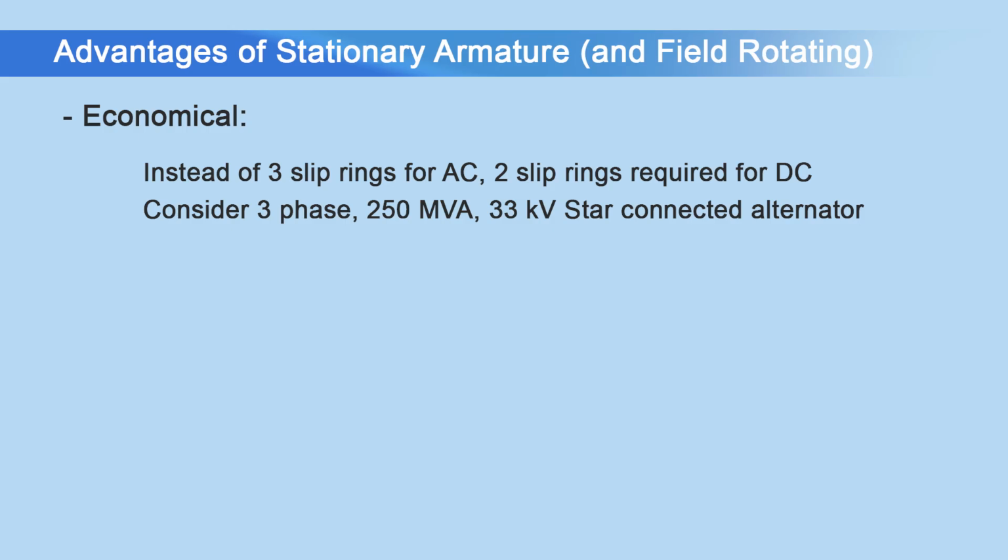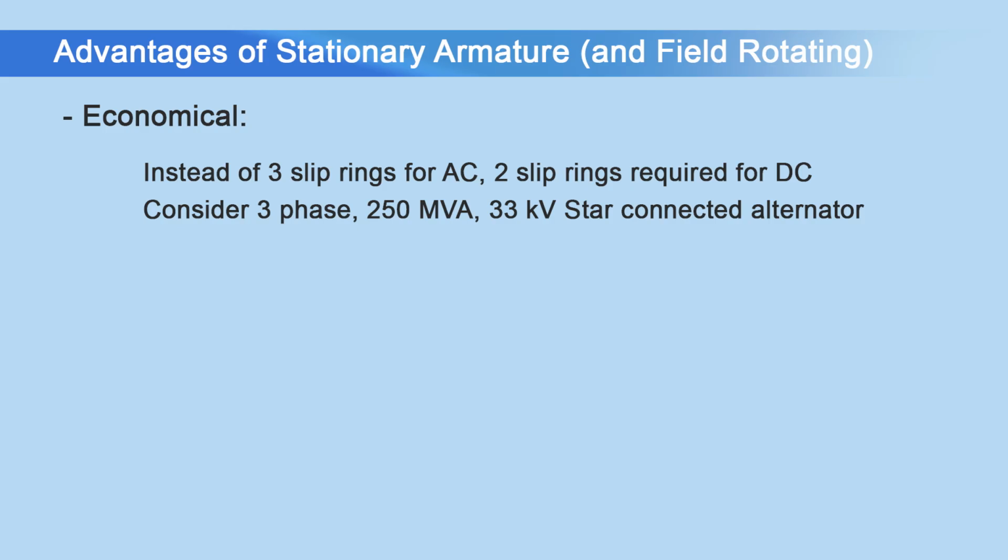So, the first advantage is the economy, one of the major parts. Suppose we are keeping armature on the rotor side and field poles are fixed. Now, what will happen? If we are talking about the alternator, EMF will be induced in the armature and we are keeping the armature rotating.